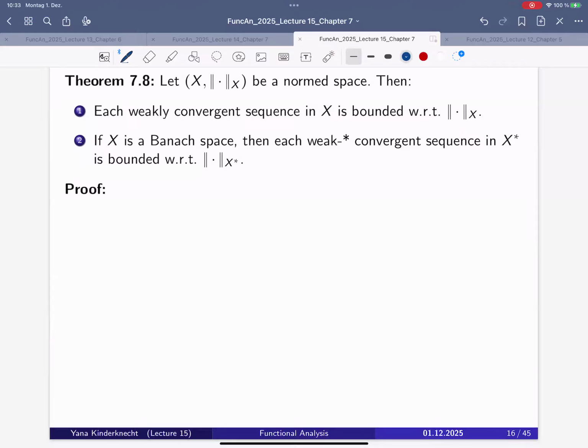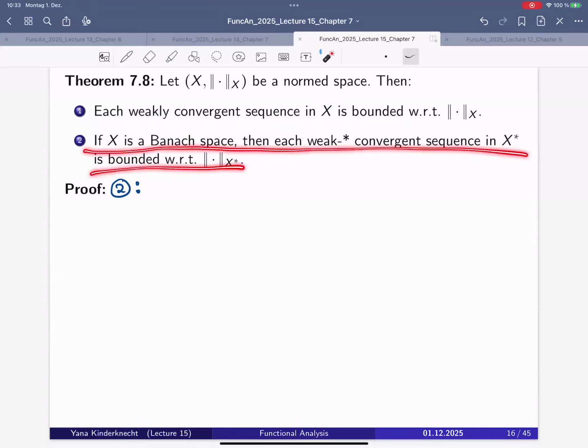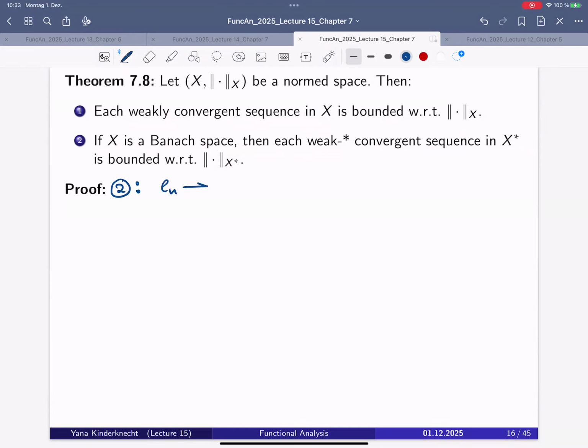And we start the proof with point 2. So we have a weak star convergent sequence. So let L_n converge weak star to L in X star. What does it mean?